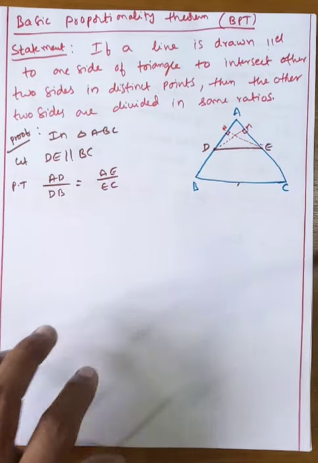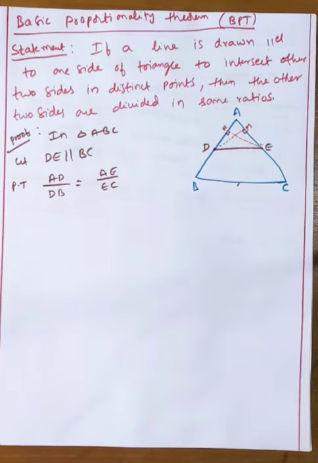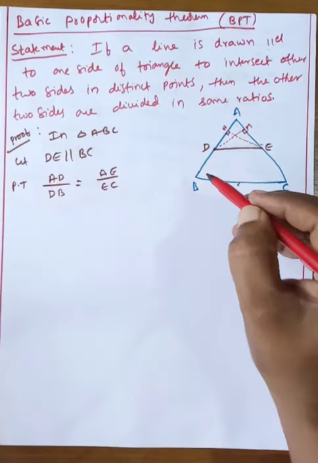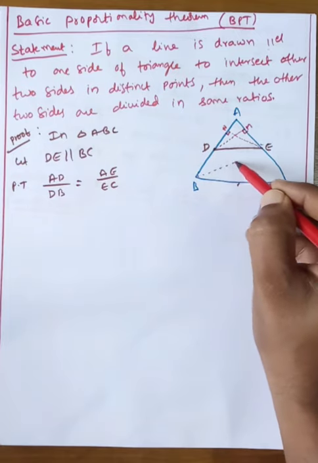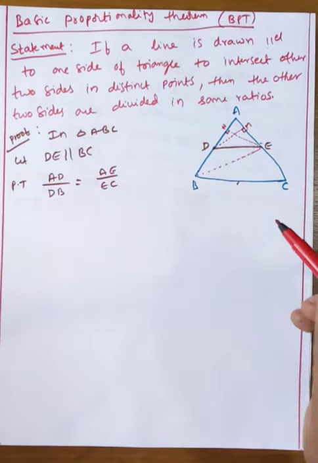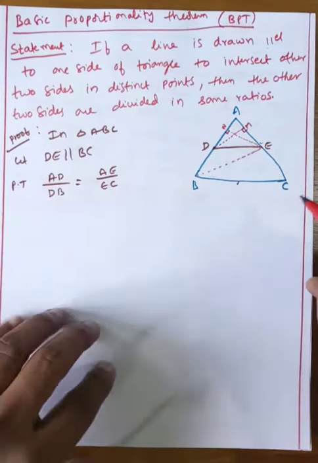I will draw the perpendicular EN; EN is perpendicular to AB. DM is perpendicular to AC. Now after that, join BE. Joining BE, and joining CD.